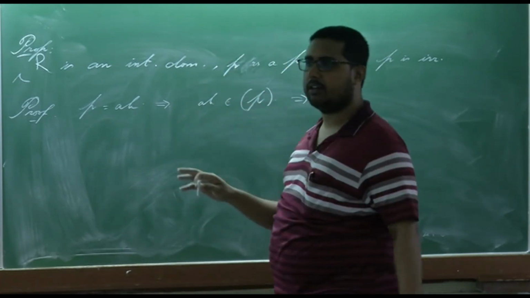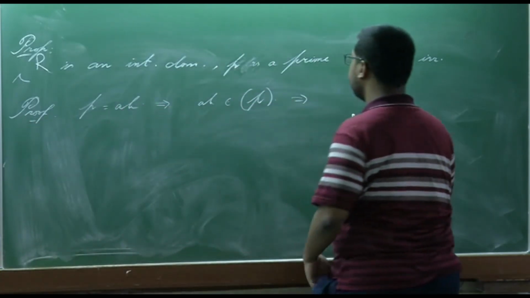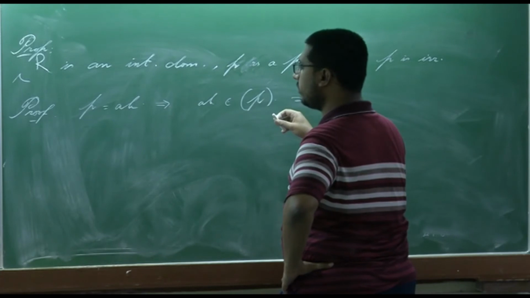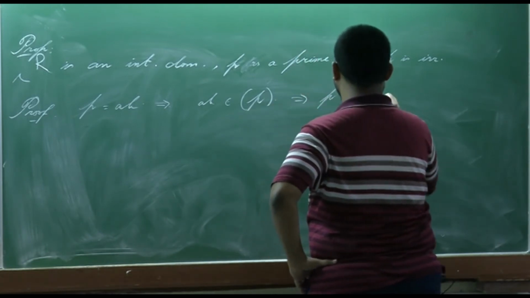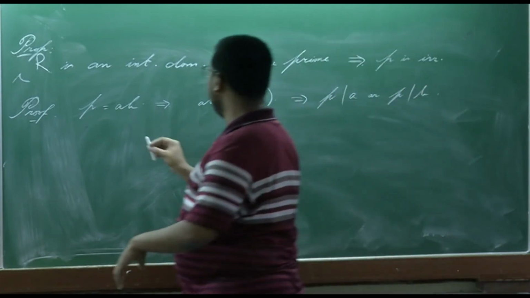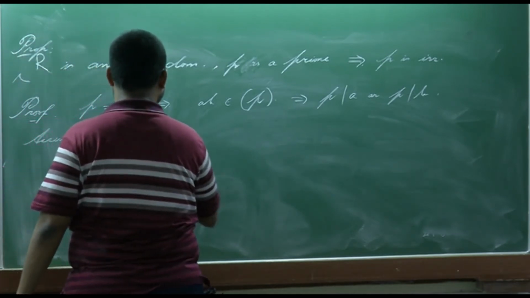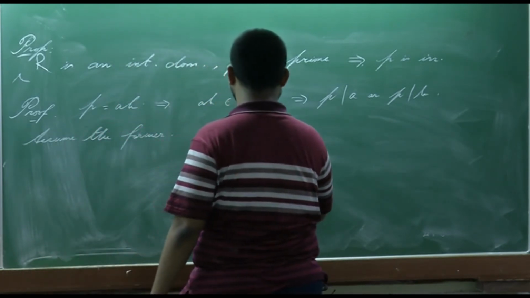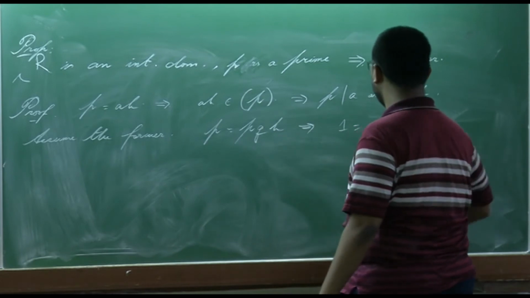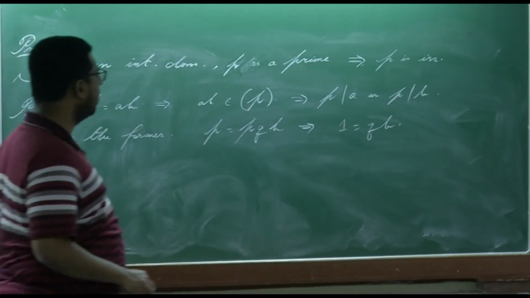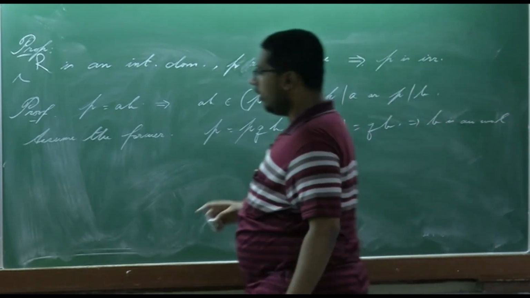Since P is prime, either A or B will be divisible by P. So, P divides A or P divides B. Assume P divides A. Then P equals P times Q times B. We are working in an integral domain, so one must have that B is a unit. That is what you wanted to show.